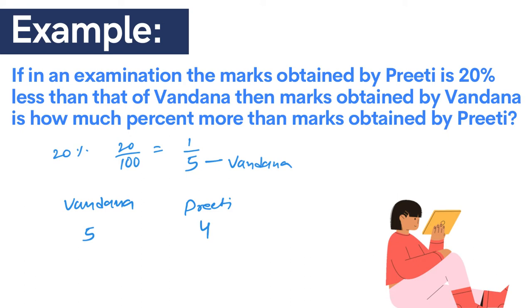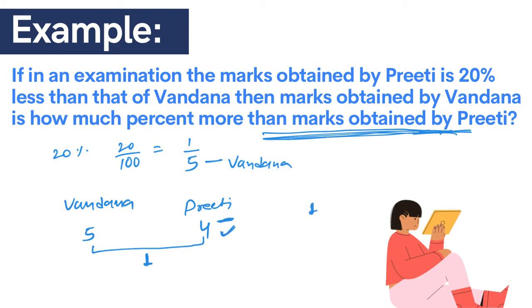Now let's see what the question is asking. The question asks how much percentage more the marks obtained by Vandana are than the marks obtained by Preeti. Vandana's marks are 1 more than Preeti's. Now the reference becomes Preeti, because the question says marks obtained by Preeti, so the comparison is on Preeti.